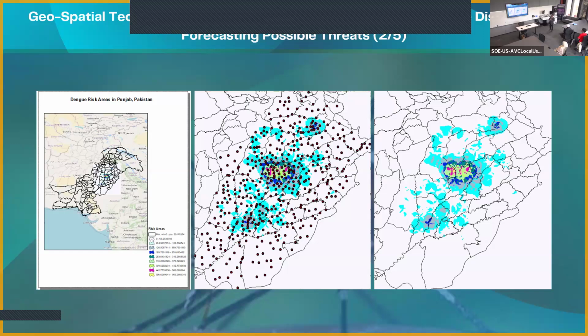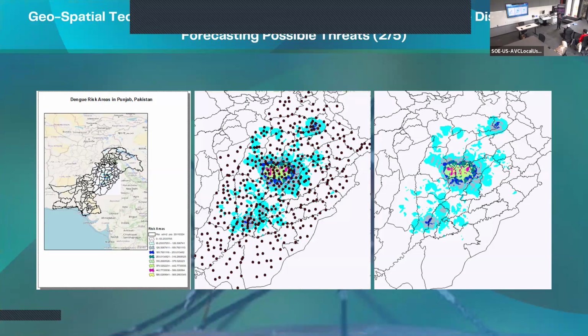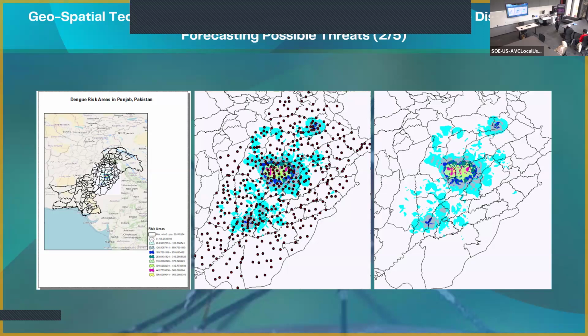This was the Punjab region, and we tried to find the main hotspots. This was the outcome of using different types of data sets through satellites. All the data was gathered through satellites, and a few data sets were gathered from hospitals, which we used to calibrate our model and find more dengue cases.